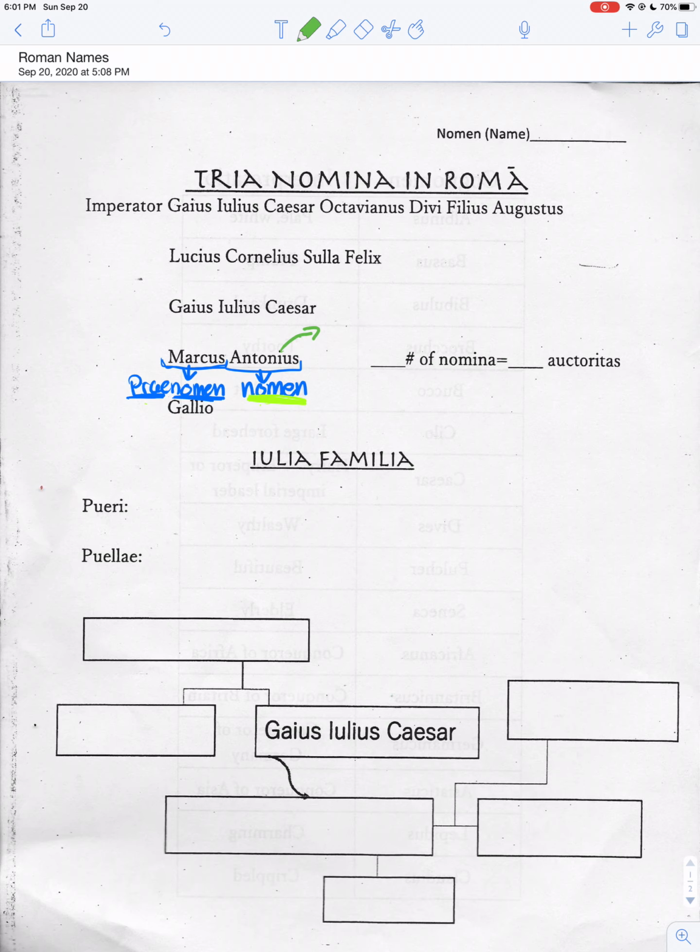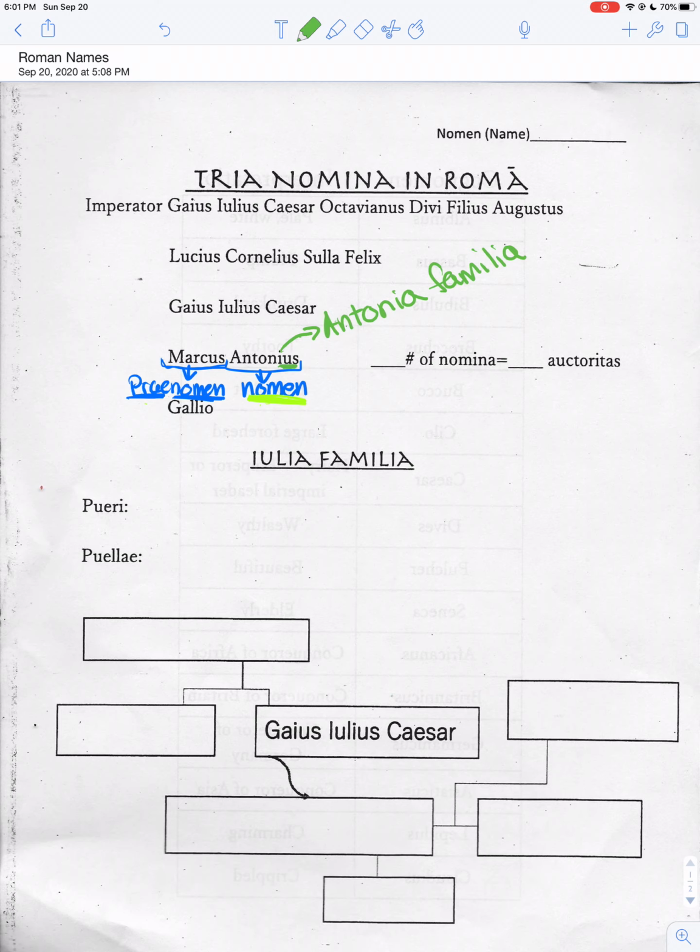So we see the ius, or like the us, and we think, what gender? Masculine. And so to make that feminine, if we want to refer to the whole Antonius family together, we would call them Antonia familia. Because notice, familia is feminine.